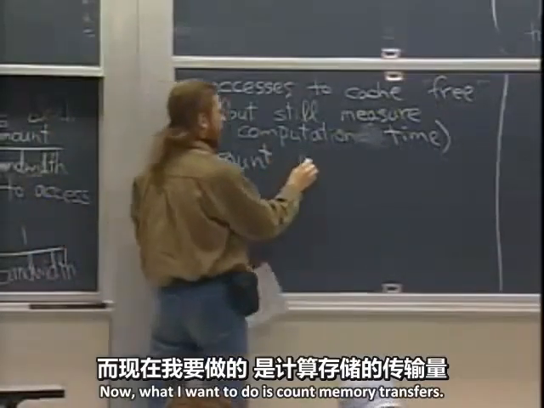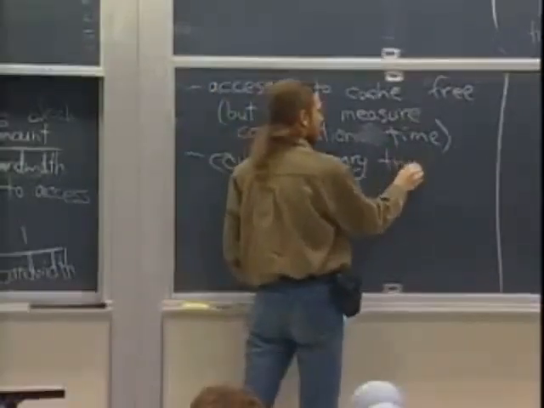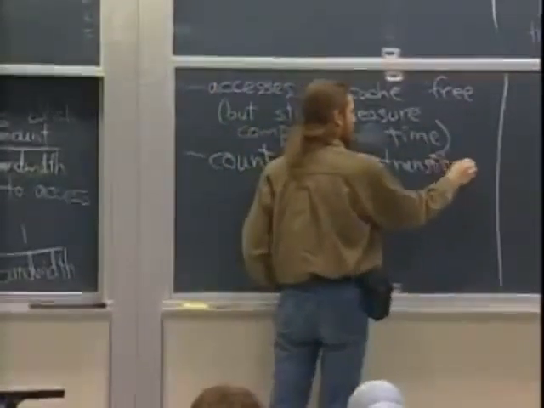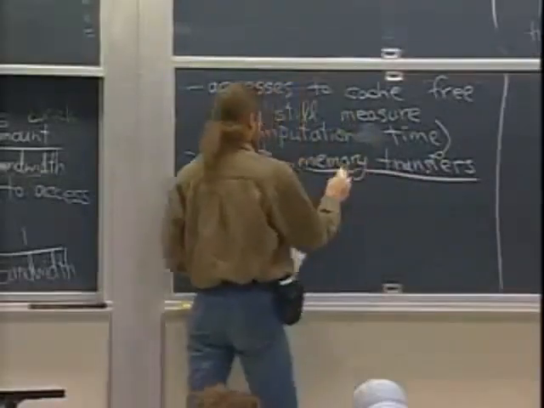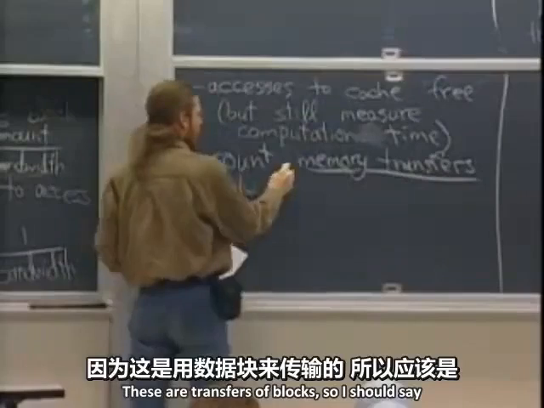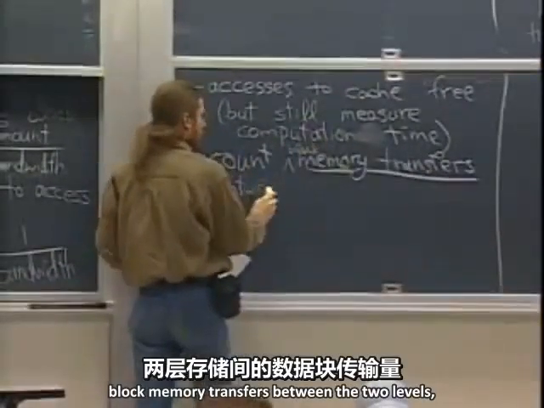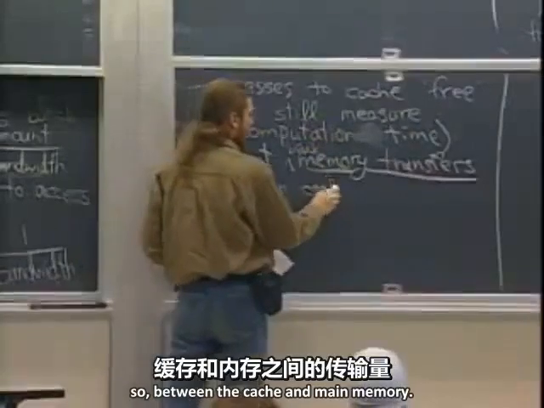So this is the old stuff. Now what I want to do is count memory transfers. These are transfers of blocks, so I should say block memory transfers, between the two levels, so between cache and main memory.